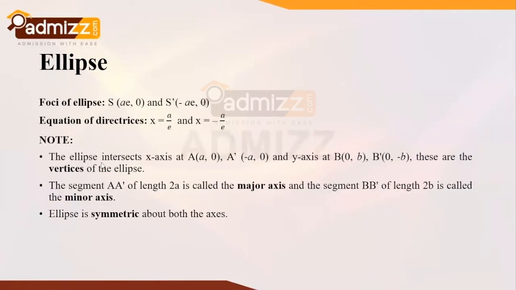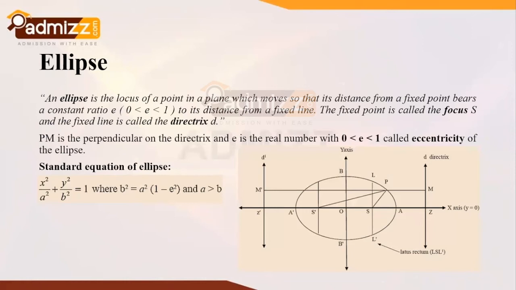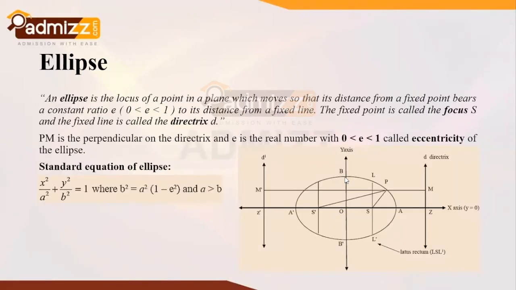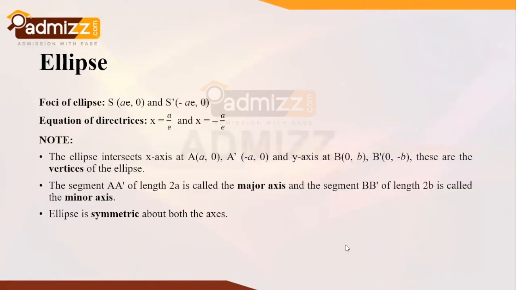Now we need to note over here that the ellipse intersects the x axis at the points a comma 0 and a dash, minus a comma 0. So this particular point is a comma 0, this point is minus a comma 0, and it intersects the y axis at the points 0 comma b and 0 comma minus b. These are the vertices of the ellipse.